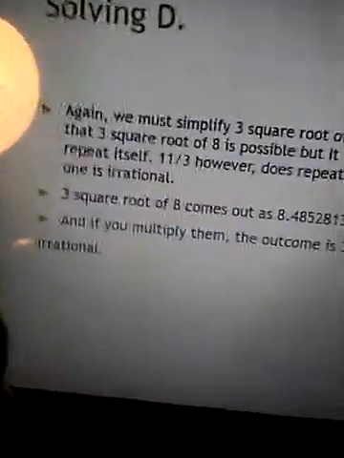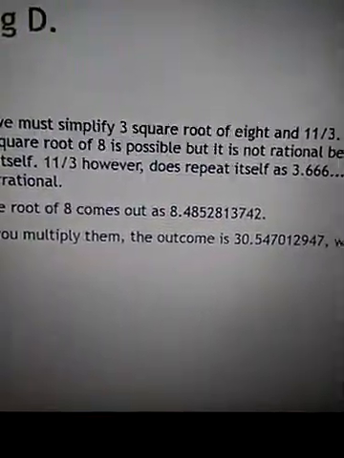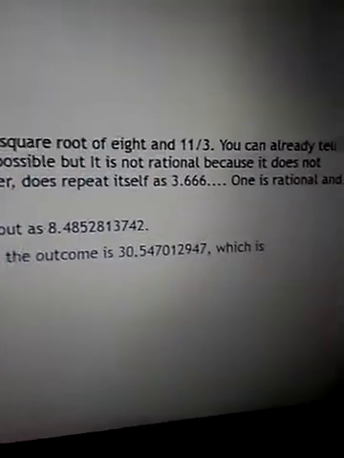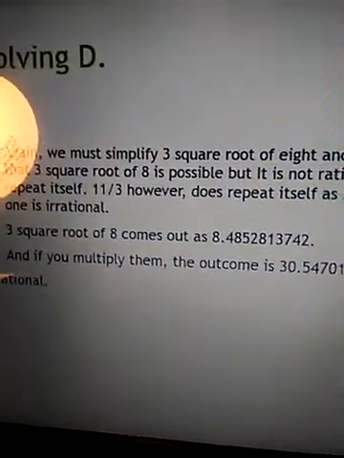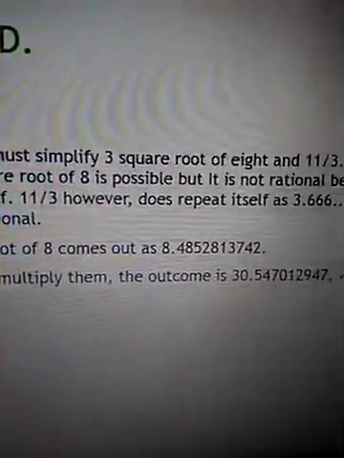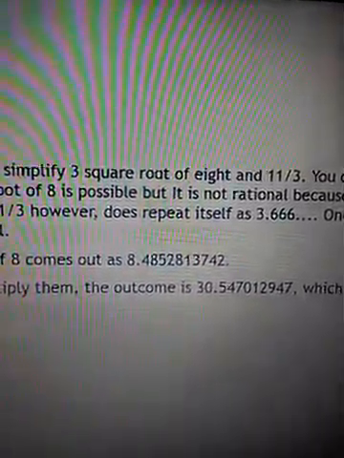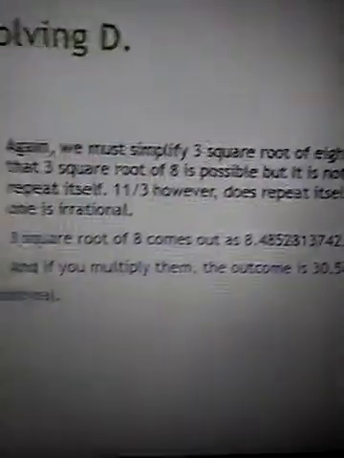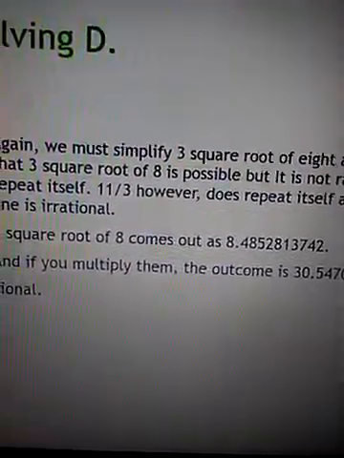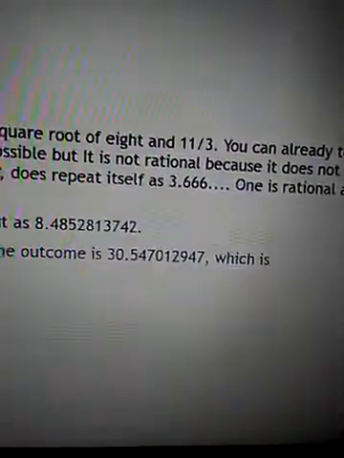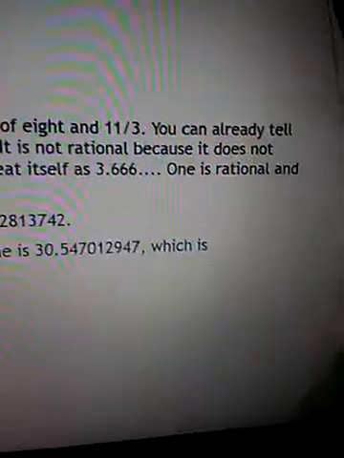Solving D. Again, we must simplify 3 square root of 8 and 11 over 3. You can already tell that 3 square root of 8 is possible, but it is not rational because it does not repeat itself. 11 over 3, however, does repeat itself as 3.66666.